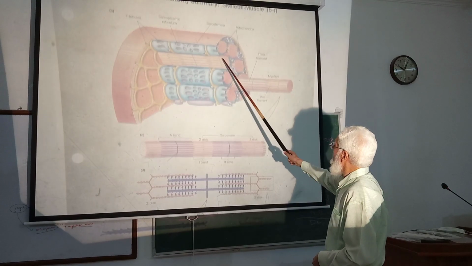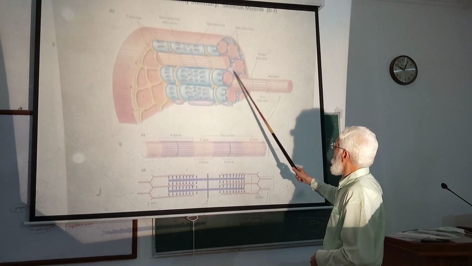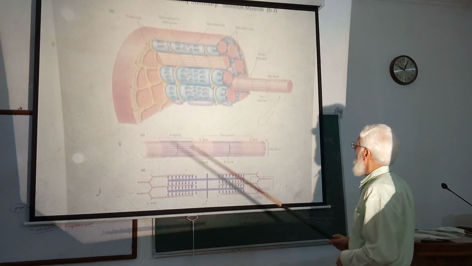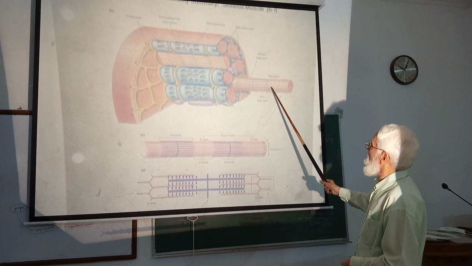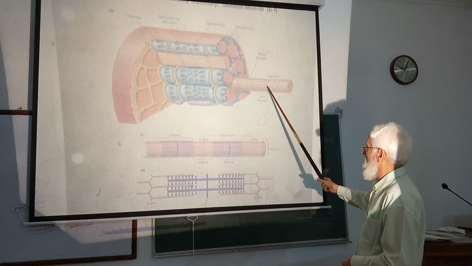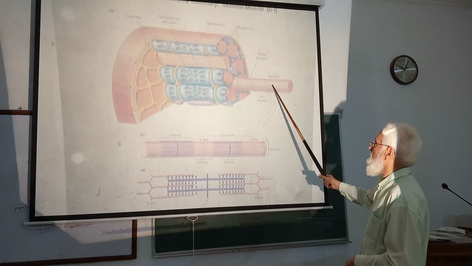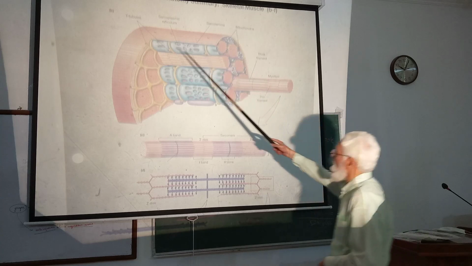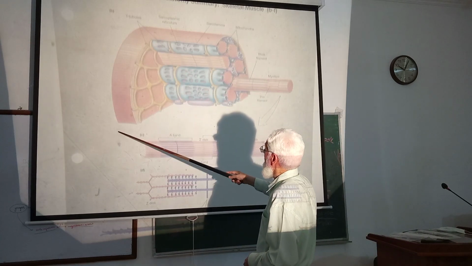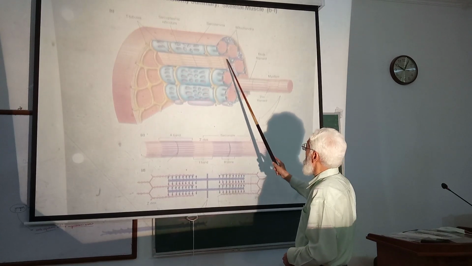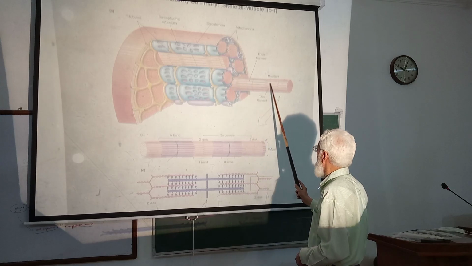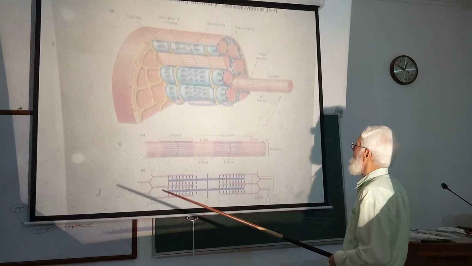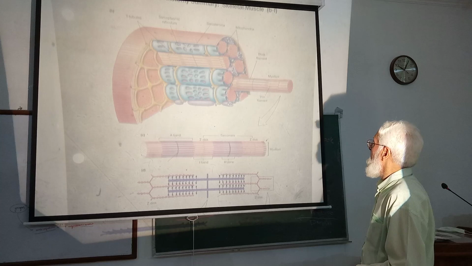So these are the myofibrils present in the sarcoplasm of the muscle fiber. This is the whole muscle fiber, and these are the myofibrils present in the sarcoplasm of the skeletal muscle fiber.